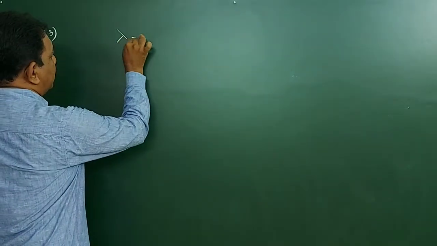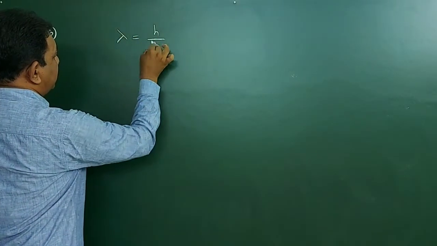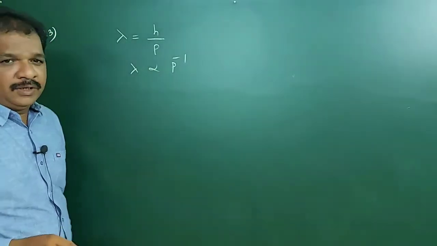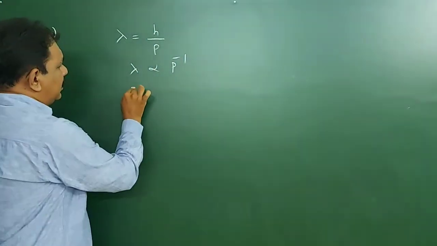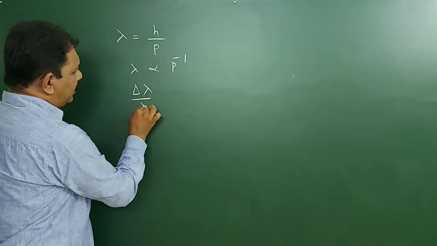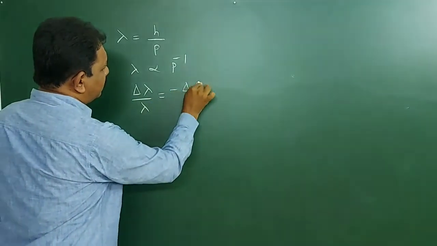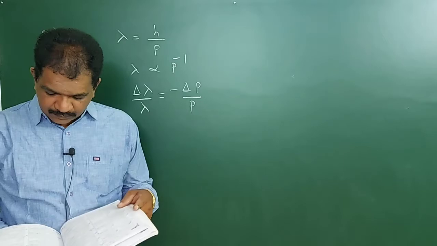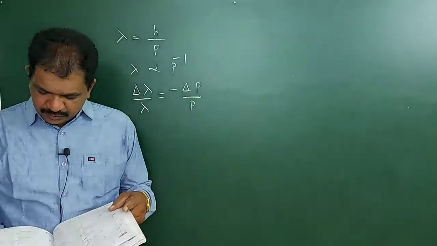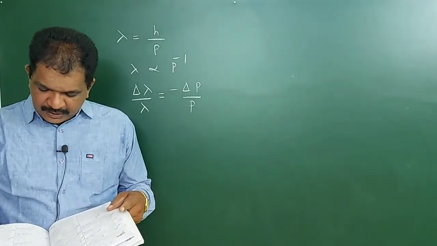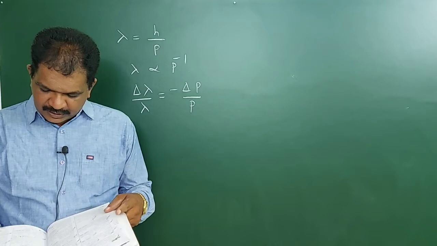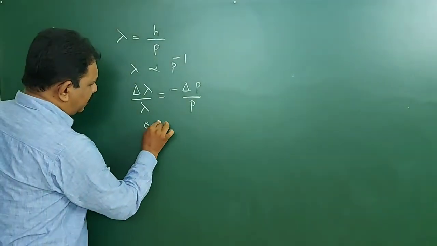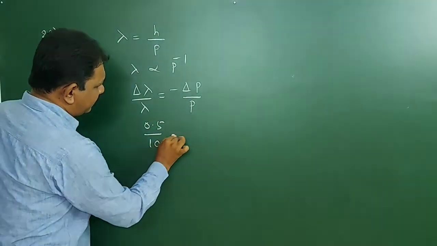So lambda is equal to h by p, lambda proportional to p power minus 1, delta lambda by lambda is equal to minus delta p by p. Delta lambda, they gave the change. This value is 0.5 by 100.